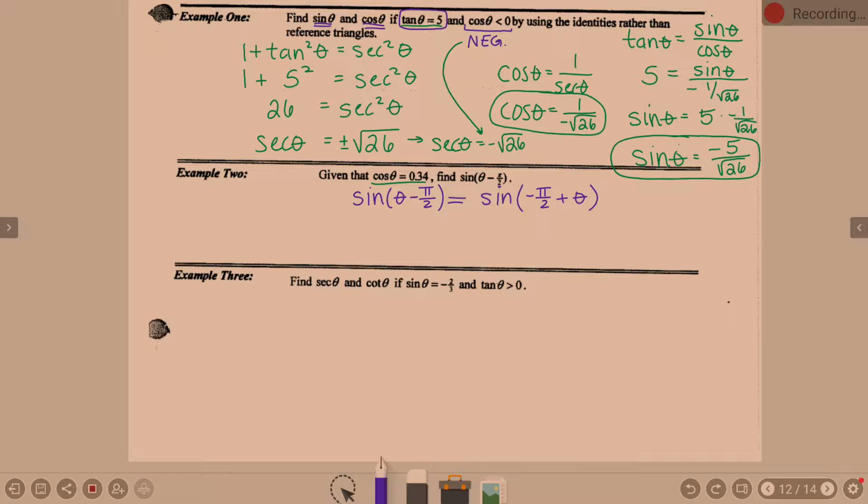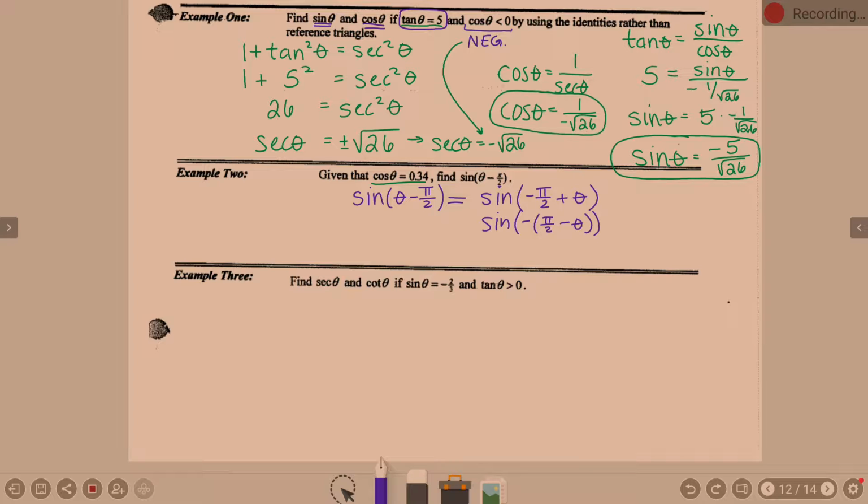What happens if you factor a negative out? I don't know if I can write it and make it look right here, but let me try. If I factor out a negative, it's a negative, and then pi over 2 minus theta. That looks weird because I did parentheses inside parentheses.